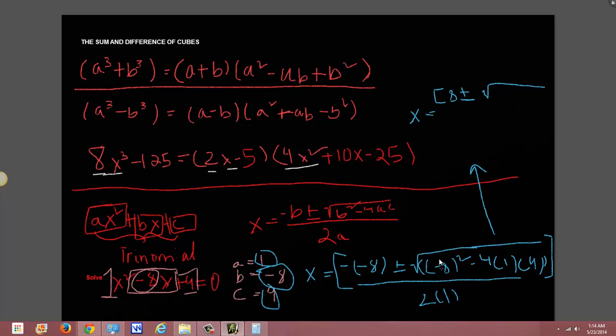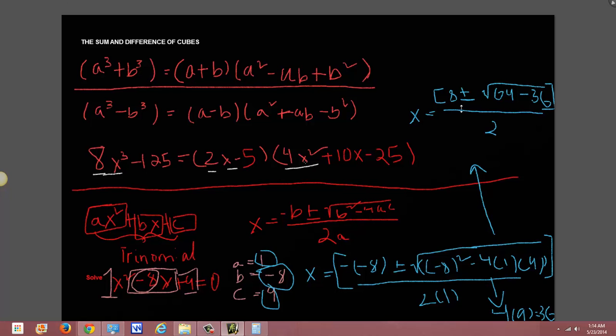Minus 8 squared is 64, because minus 8 times minus 8 is 64, and minus times minus equals plus. So 64 minus 4 times 1 is 4, and 4 times 9 equals 36. So we're going to put 36 here. We're going to put the ending brackets, and we're going to divide all this by 2 times 1, which is 2.